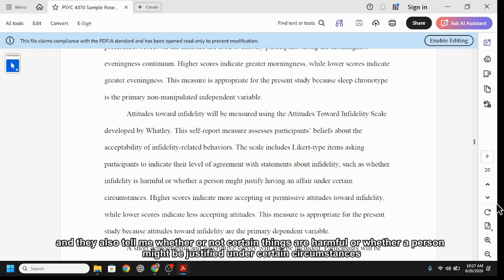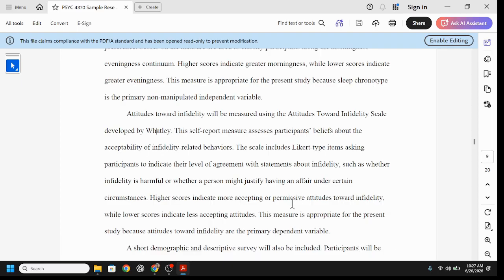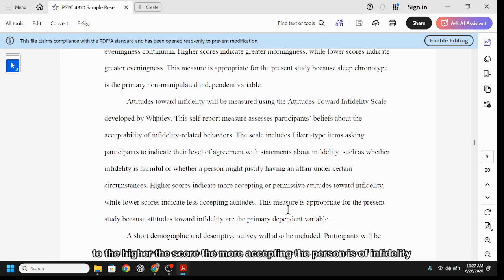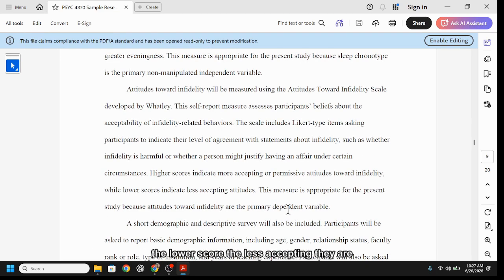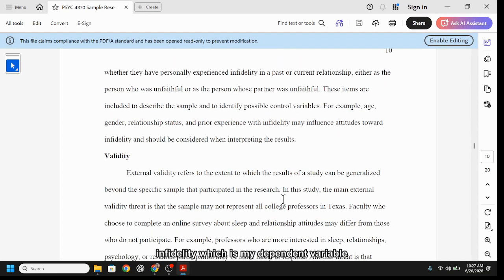And they also tell me whether or not certain things are harmful or whether a person might be justified under certain circumstances. So the higher the score, the more accepting the person is of infidelity. The lower the score, the less accepting they are. And that's an appropriate measure because it's getting at infidelity, which is my dependent variable.